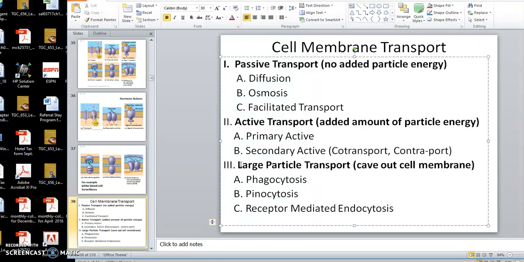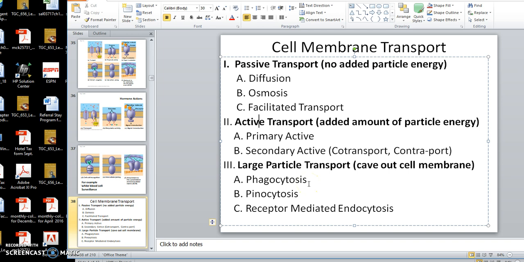Workers would have to come in and literally cut a hole in the wall to let those substances out. So my large particle transport means the cell membrane has to cave in. With these two, there are doors it can go through. This one by its own energy. This one needs additional energy. This one, you need to cave out the cell membrane itself.